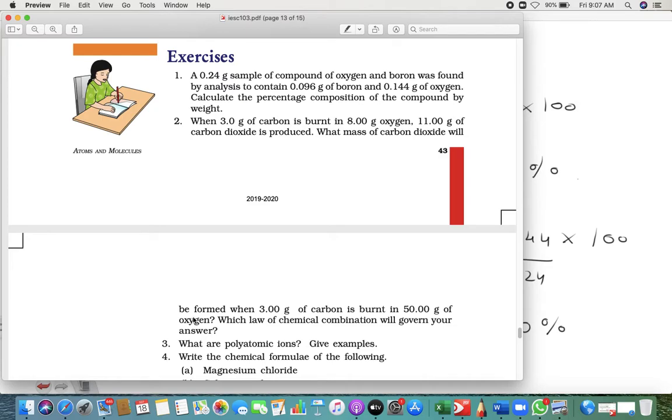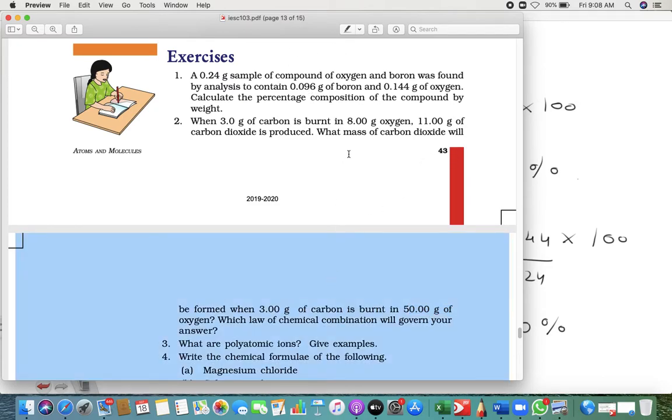So here it is not a word problem actually. They said whenever carbon and oxygen mix, 3 gram of carbon requires only 8 gram of oxygen. So here we have 50 gram of oxygen, but that doesn't mean that 50 gram of oxygen is utilized. Only 8 gram of oxygen is utilized with 3 gram.